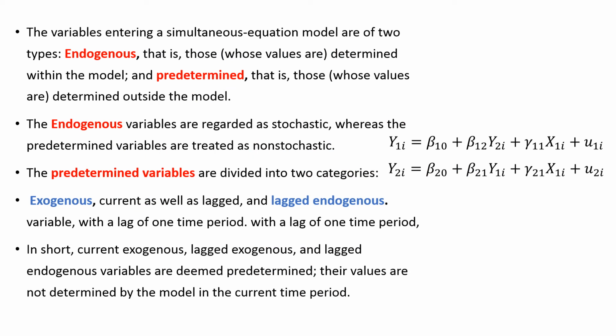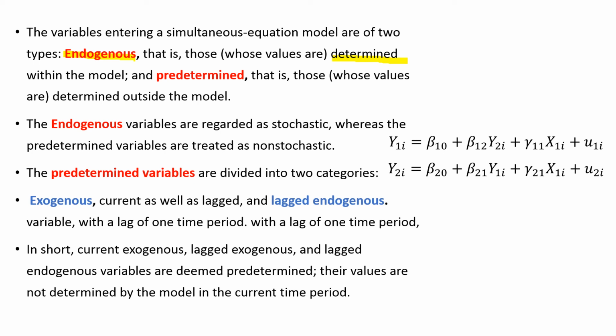We can say that the variables entering a simultaneous equation model can be classified into two types. The first type is the endogenous variables, whose values are determined within the model. They are the variables that may appear as explanatory and dependent variables at the same time.